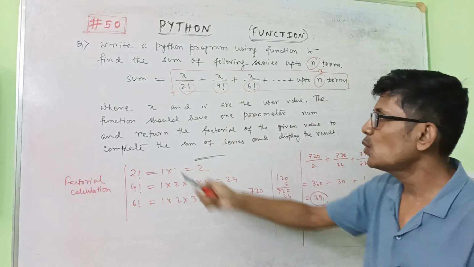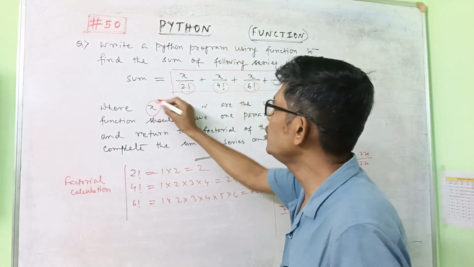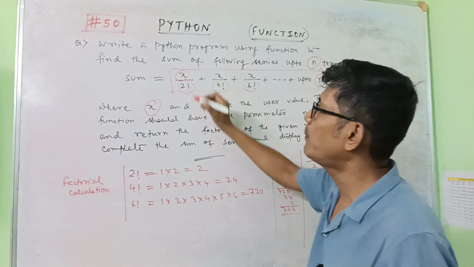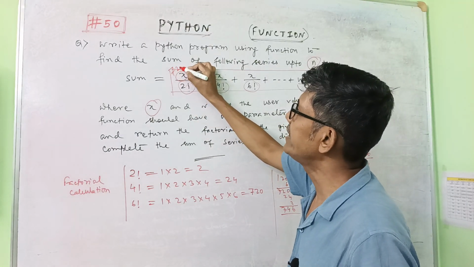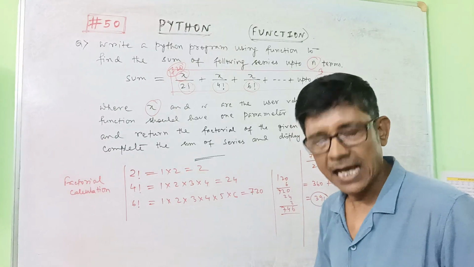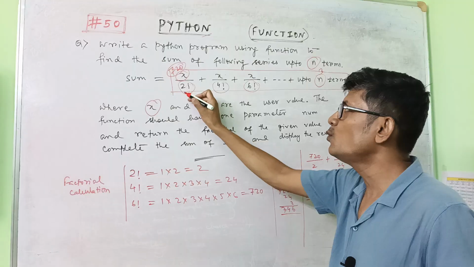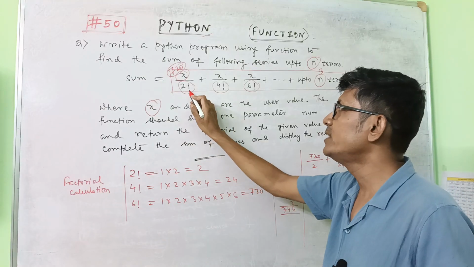Let us see. Here x is the numerator value, and you can take any value. In this example I will take, suppose, 720 as the numerator value, and the denominator value is 2 factorial.